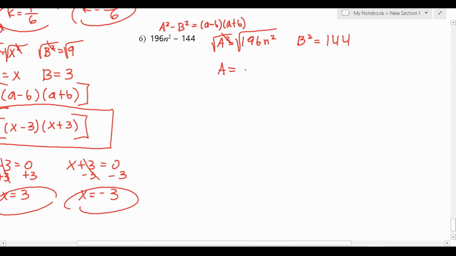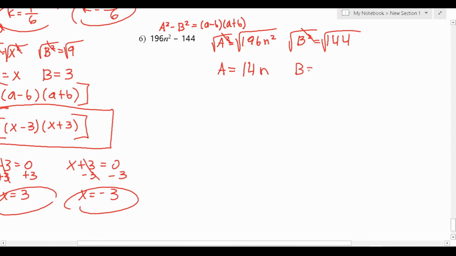The square root of 169 is 13. It's a good idea to know your times tables for the ASVAB from 1 through 20. Again, you should know, for example, that 15 squared is 225, 13 squared is 169, 20 squared is 400. The square root of 196 is going to be 14, and the square root of n squared is just n. Again, we want to get b by itself, so we're going to take the square root of both sides.